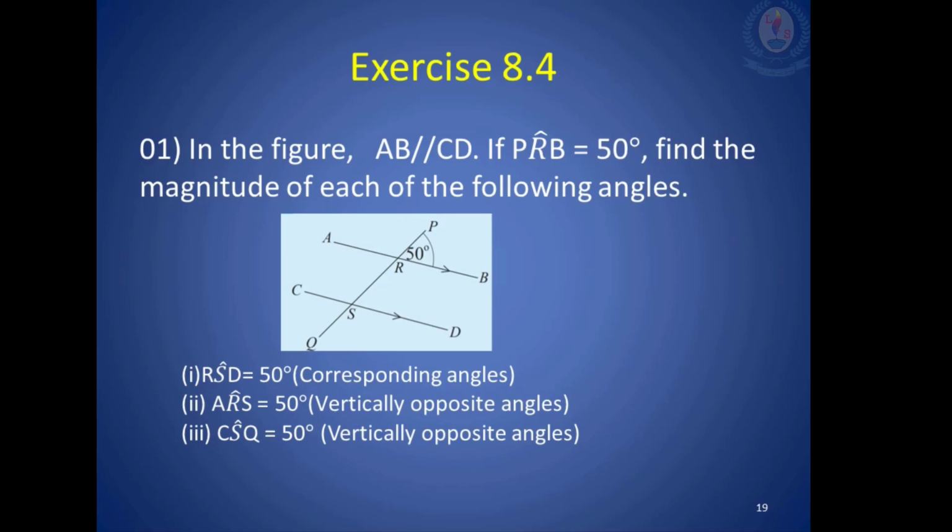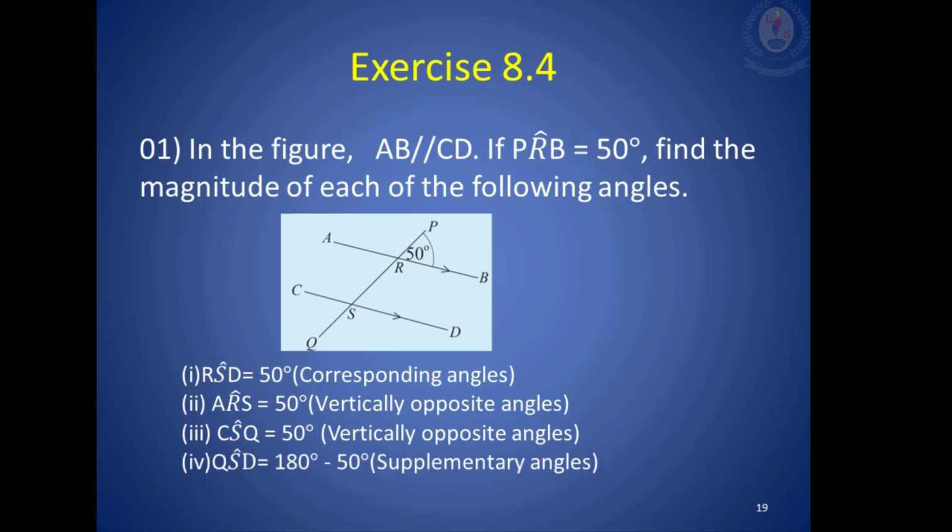Then we have already known the magnitude of the angle RSD. Then we can get angle RSD and angle CSQ are equal. What is that? They are vertically opposite angles. Then we can write angle CSQ equals 50 degrees.